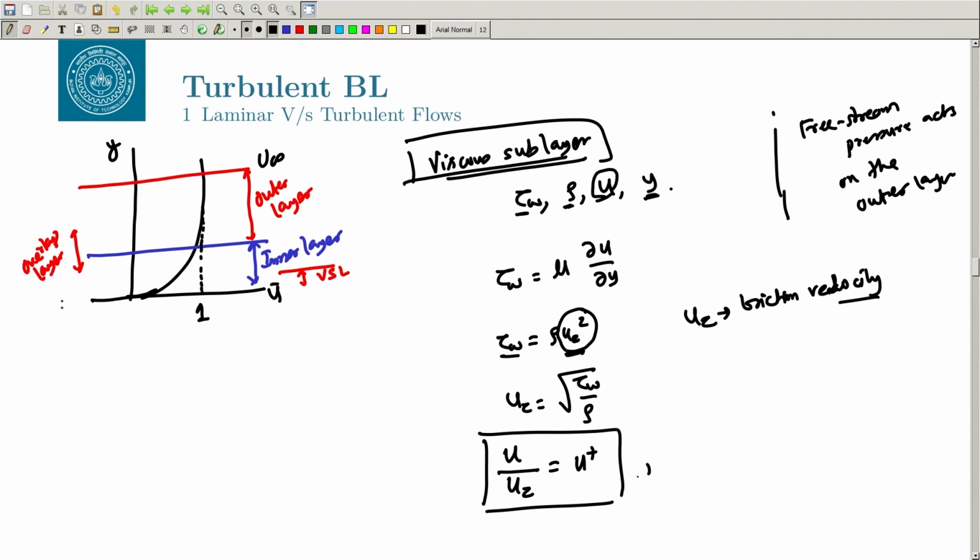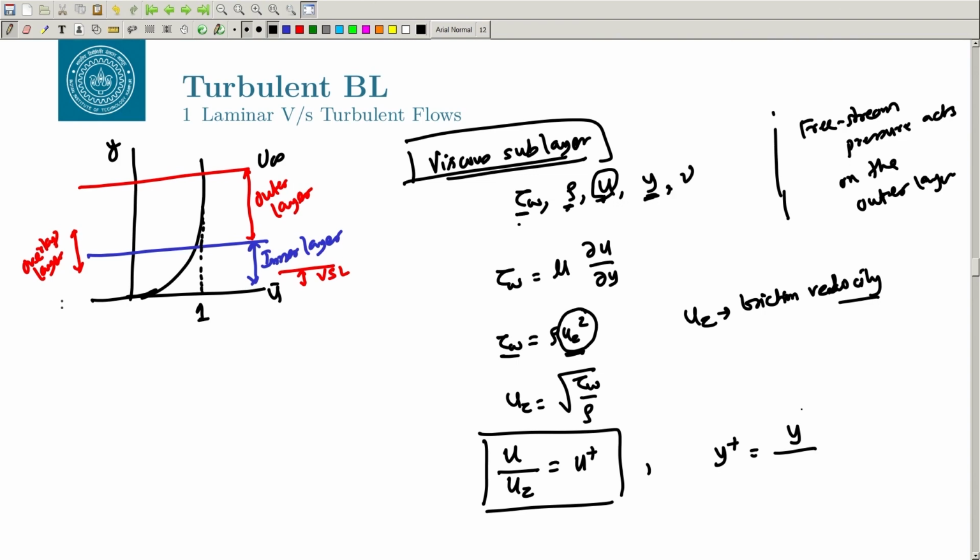So, we define the velocity u plus, and secondly we can also define the non-dimensional distance. I will define a distance called y plus. I am looking for a non-dimensionalization or scale for the distance y. On top it will be y, and at the bottom I can also use the viscosity.